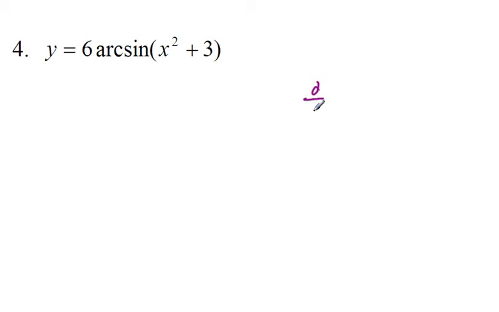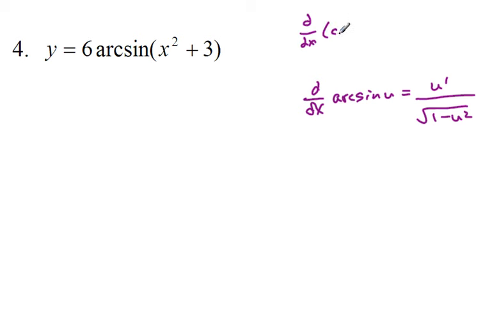So remember that the derivative of arcsine u equals u prime over the square root of 1 minus u squared. Now this 6, remember, that's that rule that says if I have a constant times a function, the derivative is the constant times f prime. So that 6 is going to remain there.